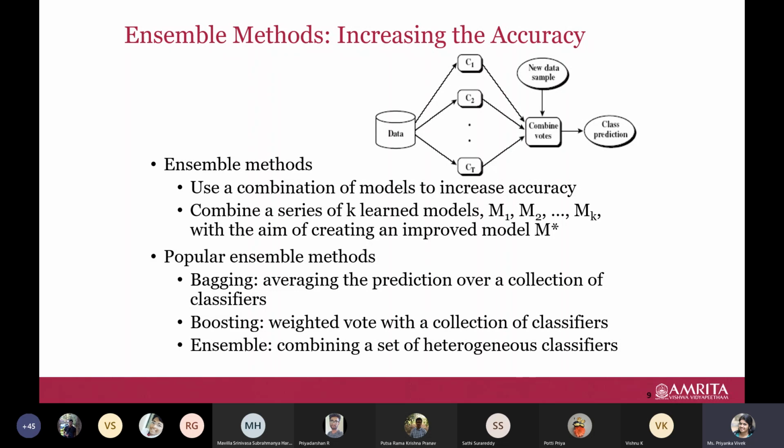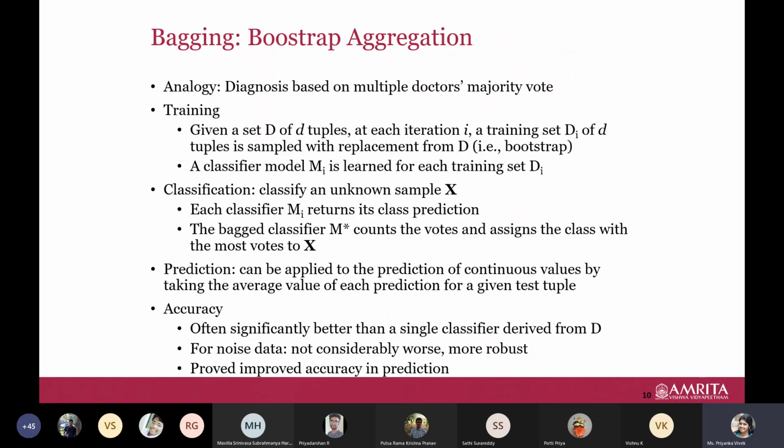Now in bagging, the analogy we discussed in the last class also, say for example we have a health issue, and then we take a doctor's opinion. Say we went to a doctor and he suggested that we undergo a surgery.